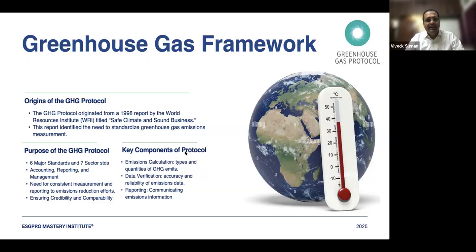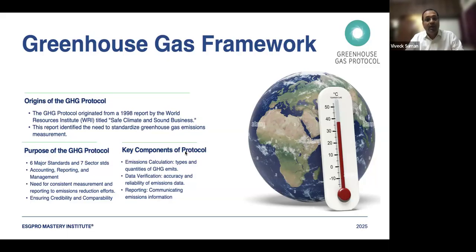Key points are that there are 6 major standards developed by the GHG Protocol over a period of time, and 7 sector standards. Now one more standard has come, so a total of 14 standards, but officially they still say 6 major standards and 7 sector standards.